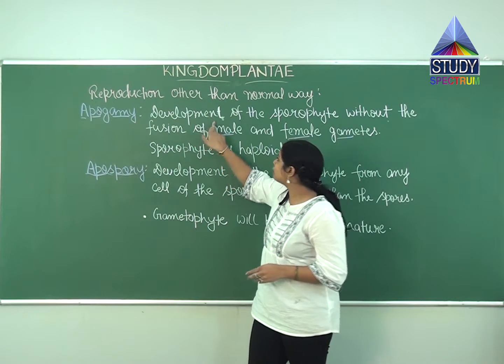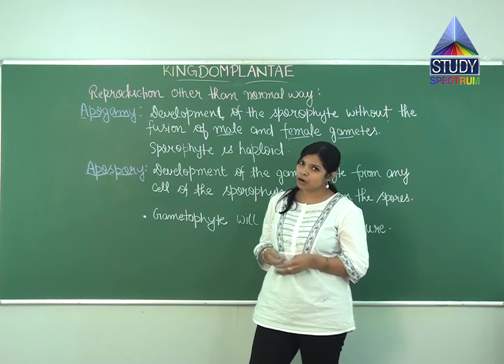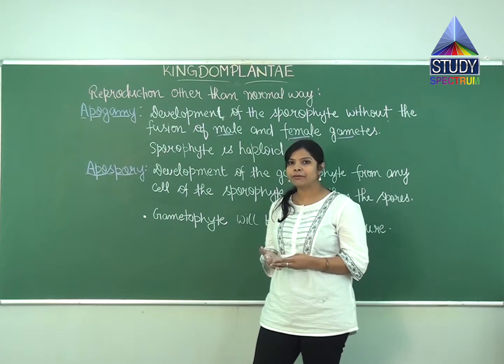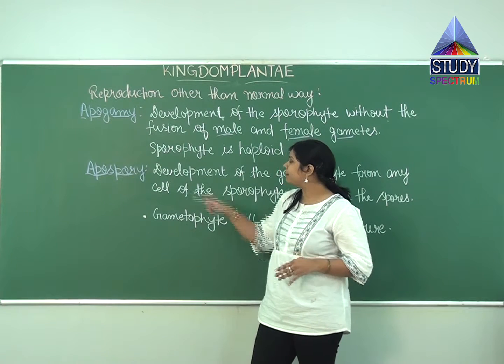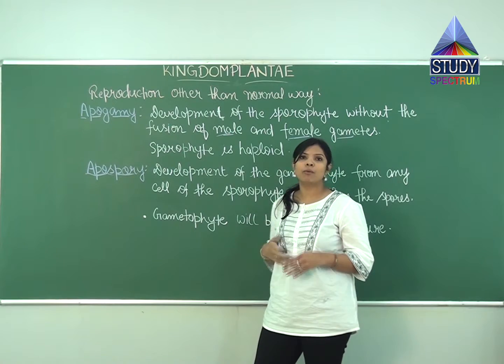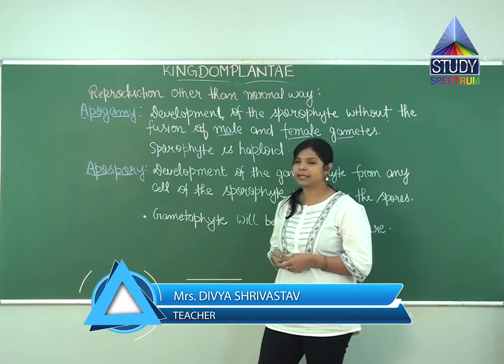But in this case, fusion of male and female gametes will not take place. As we all know, the sporophyte is the main plant body in pteridophytes. So here this sporophyte will be haploid in nature, because fusion of male and female gametes will not take place.